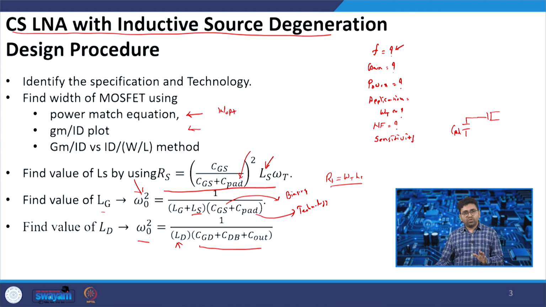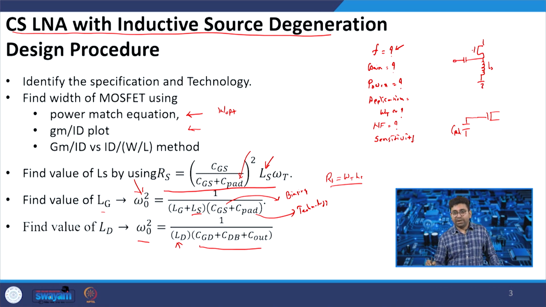The same we can also do with a common gate LNA. The only difference in the common gate is that we are giving the input to the source, and while designing a common gate, one inductor is used at the source side here also, and that inductance should resonate at your desired frequency.